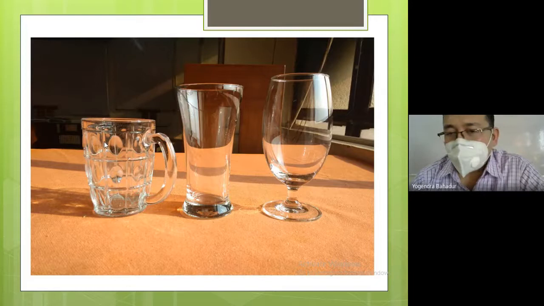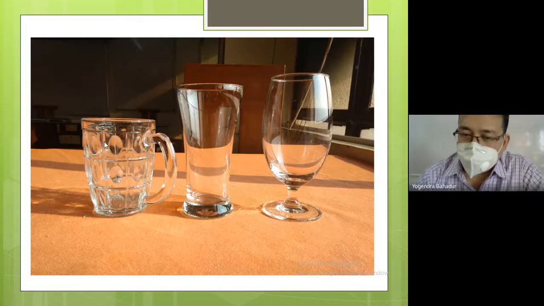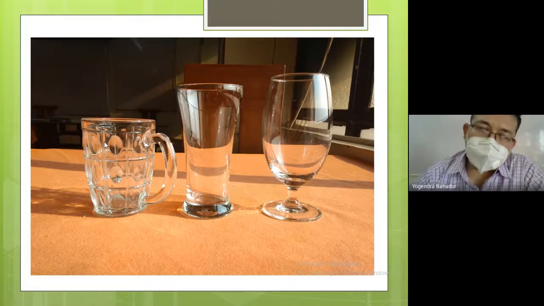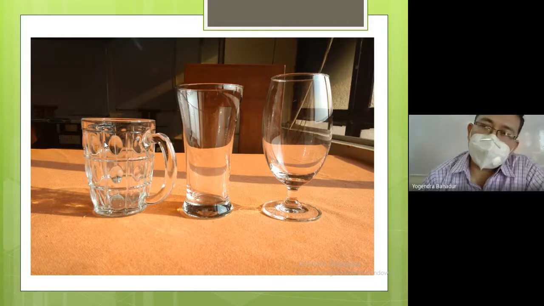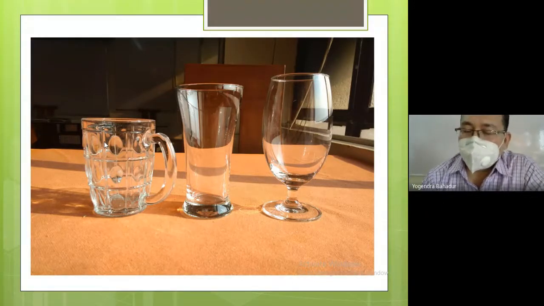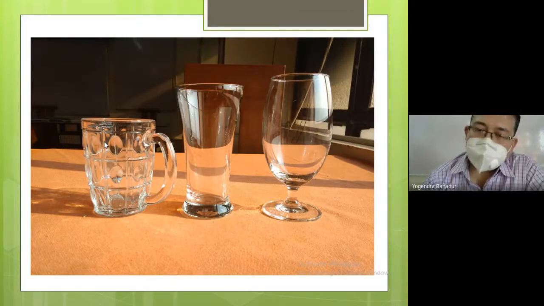Its quantity is 12 fluid ounce, which in terms of ml is approximately 360 ml. This Dimple Beer Mug is used to serve beer only.